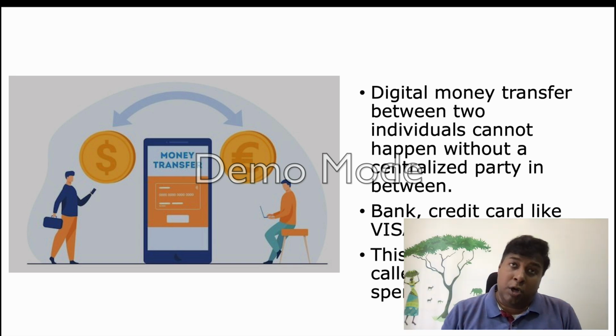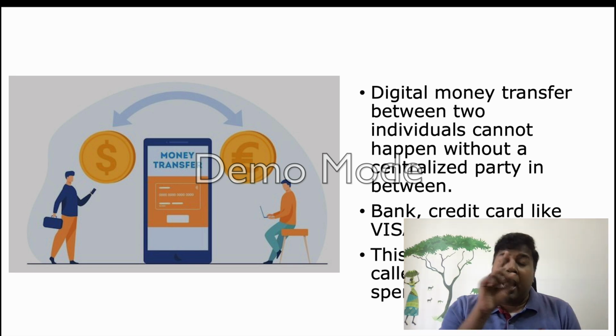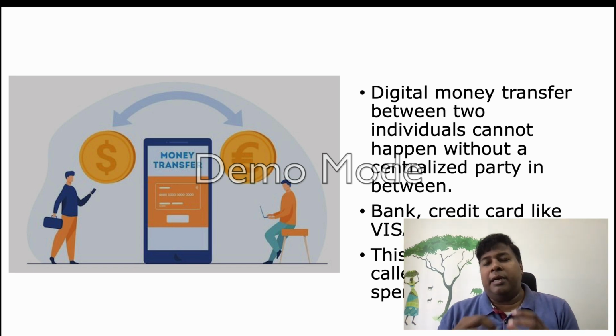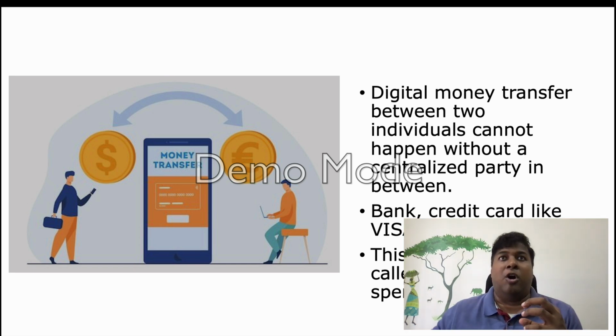But if you go to your own sent items, you can still see the photograph there. You can open the photograph and see it yourself. So the photograph actually has not gone to the second person, but a copy of it has gone, right? A copy of it is gone. So this is called double spending, which means you have created copies.